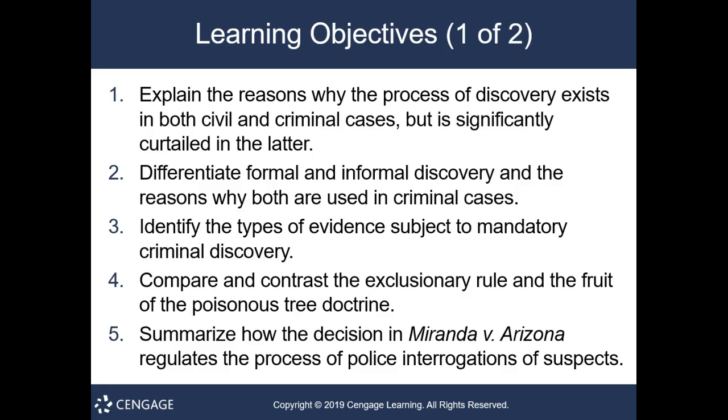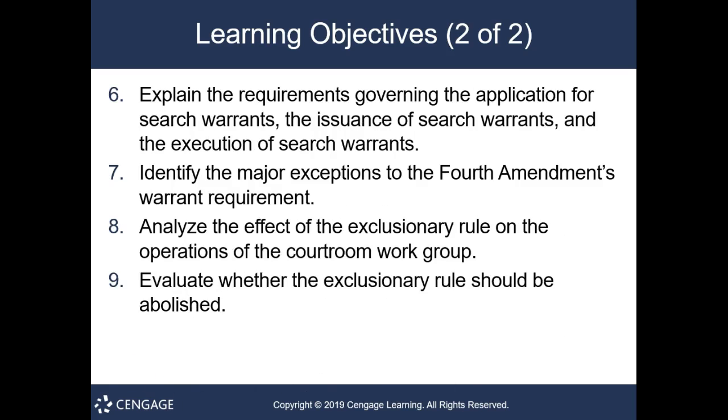We're also going to summarize the decision in Miranda versus Arizona that regulates the process of police interrogations of suspects. That's a very big area for litigation also. We're going to explain the requirements governing the application for search warrants, the issuance of search warrants, and the execution of search warrants. We'll see that search warrants are often given out, but they are required for residences except under very unusual circumstances.